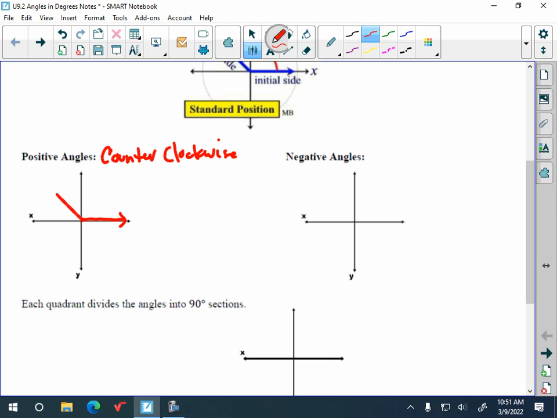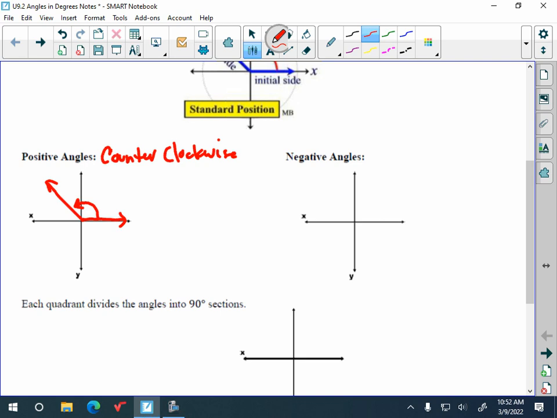Let's say we put it right here. If we want to state that this is a positive angle, rotated in the positive direction, we have to put a direction arrow on it. So it looks something like that. That's how you would sketch a positive angle.